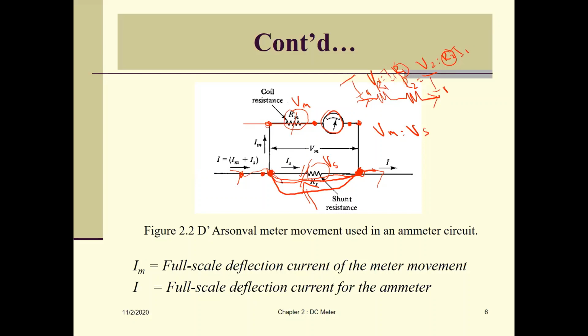The current will flow through the wire, so this current will be zero. That's why we call it a short circuit. You have to remember this basic of electrical: the current flow in series will be the same, and the voltage in parallel will be the same. That is the fundamental of electrical. For example, like this.